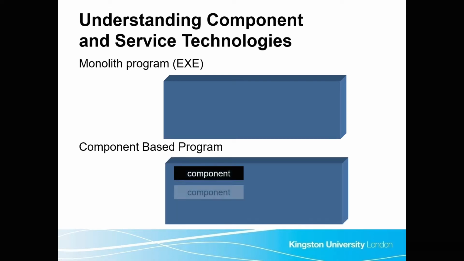A component-based program had distinguishable internal components, something that you could use separately from the program, something that you could replace by another component. So the difference between a component-based program and a monolith program of the previous era was that in a component program, we have components that we can locate after the program is built and delivered to the customer.